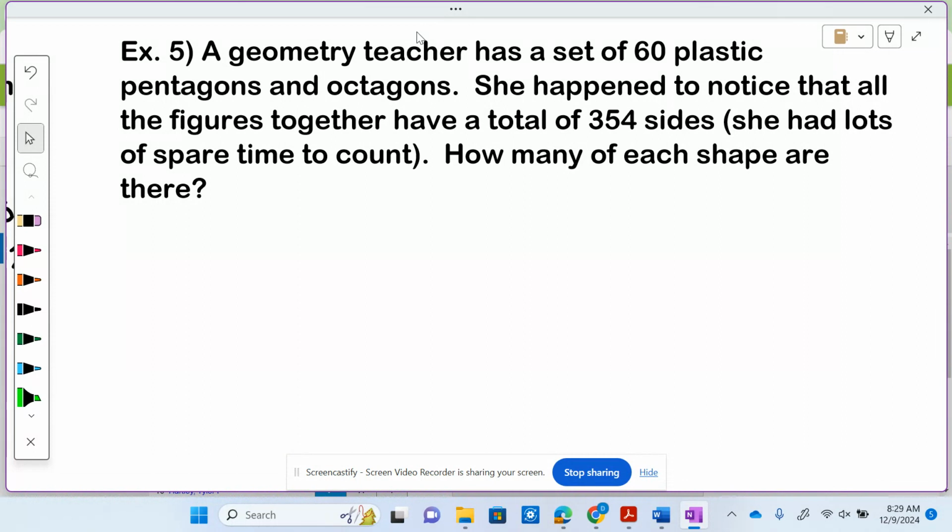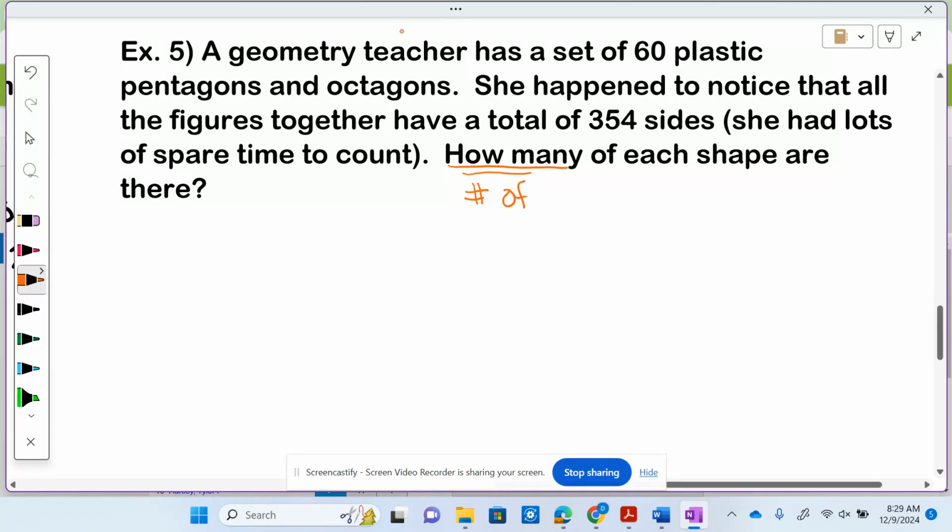The geometry teacher had a set of 60 plastic pentagons and octagons. She happened to notice that all the figures together have a total of 354 sides. How many of each shape are there? So Lissandro, what are our variables going to be? It's asking how many. That means number of.